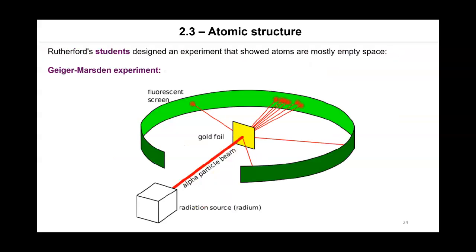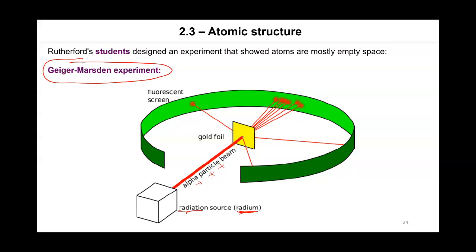Now, how this got figured out was by something that Ernest Rutherford's graduate students did called the Geiger-Marsden experiment. So what Geiger and Marsden did is that they took a radiation source, which was the element radium, discovered by Marie Curie, and radium is known to emit positively charged particles known as alpha particles.